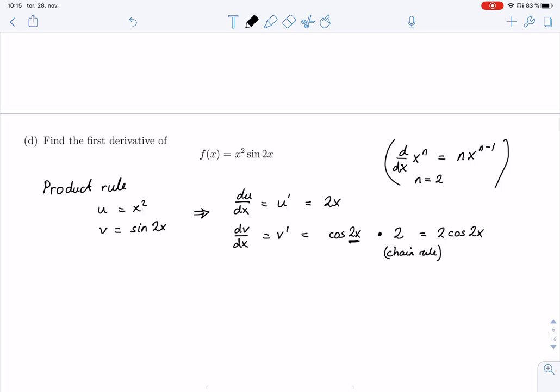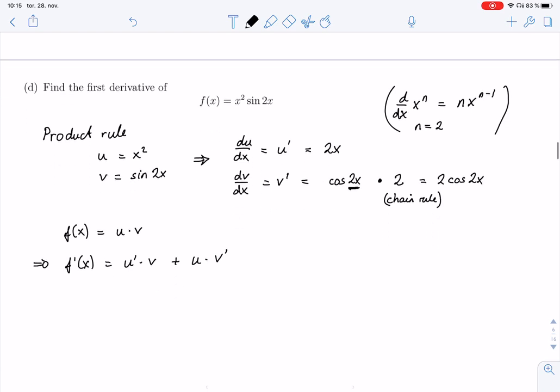Okay, so we have f of x equals u times v, since we put x squared equal u and sine 2x equals v. So our derivative of f will become u' v plus u v'.